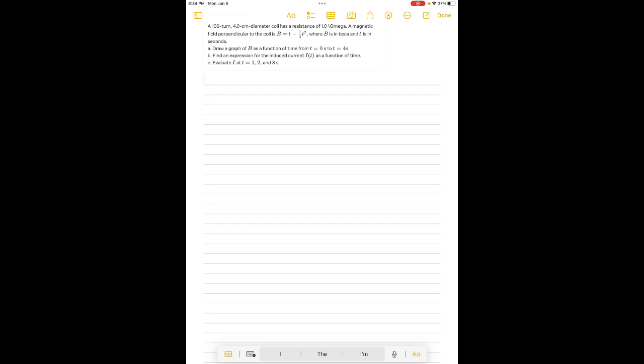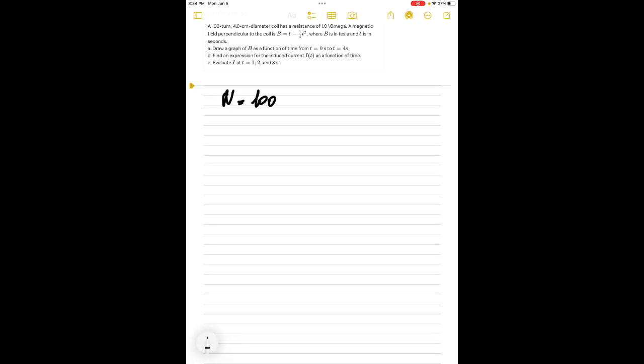So first things first, we have 100 turns, and we have a diameter of 0.04 meter.